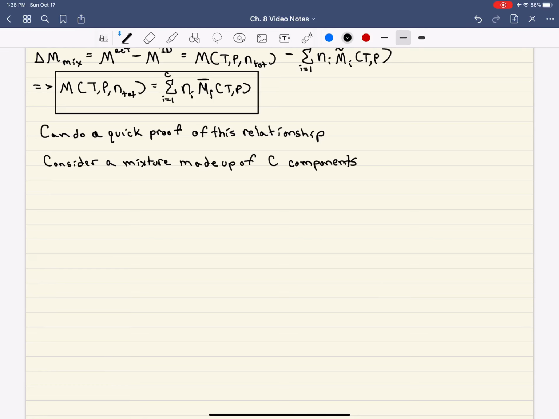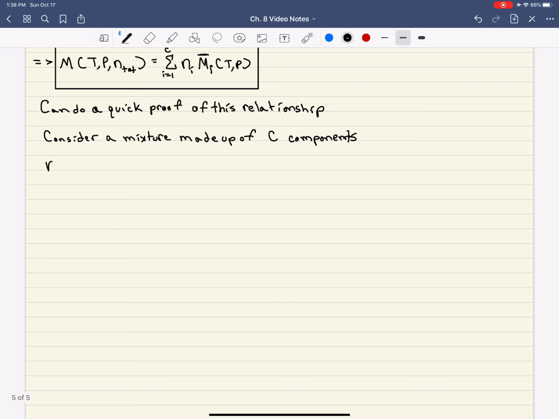Okay? Where the total moles in the system, which for shorthand I'm just going to call N, is equal to the sum of all of our N_i's.